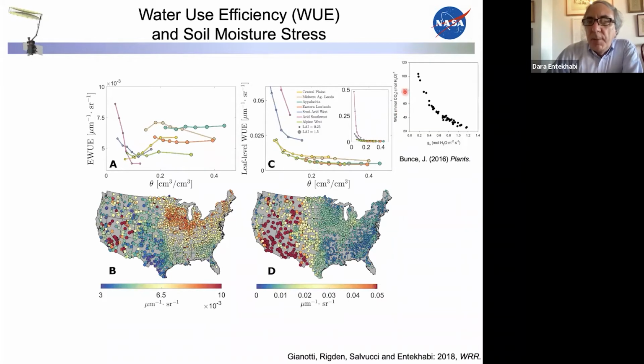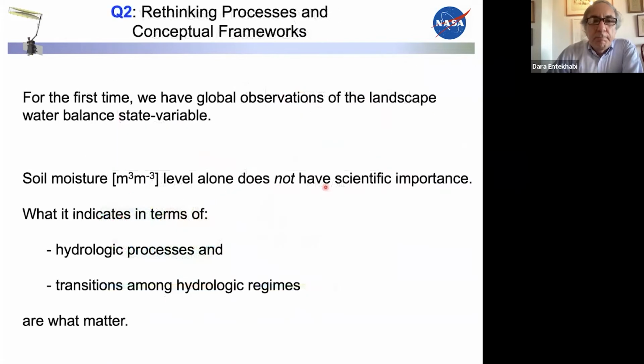So in these chambers, we get the same hyperbolic behavior, but now we can look at it across the landscape and in the natural setting. So that's the first question, which is how are water, energy, and carbon cycles linked over the landscape? And I think we are approaching having a benchmark, purely observational data set to put climate models to the test.